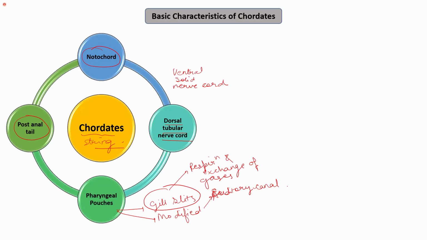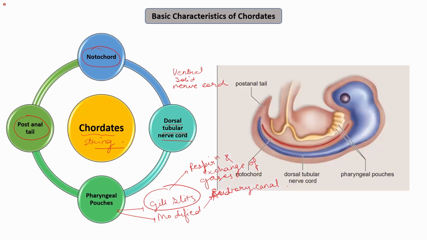Or the pharyngeal pouches are modified into different forms in the adult. So these characteristics must be present in the chordates at least at some point of their life cycle. Based on this is the figure which I showed yesterday also: they have pharyngeal pouches, they have a dorsal tubular nerve that runs dorsally to the notochord, and they have a post-anal tail.